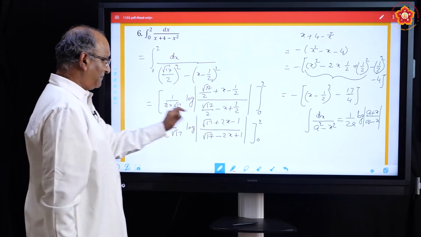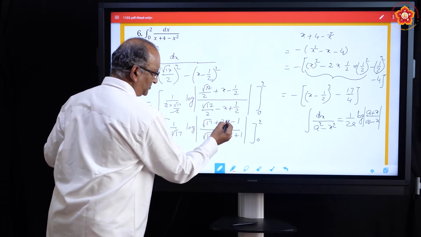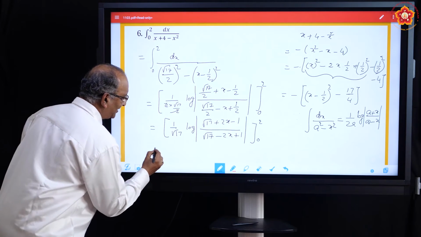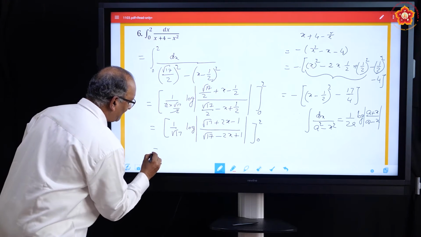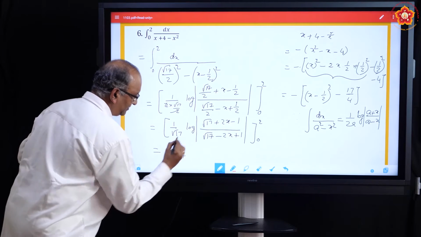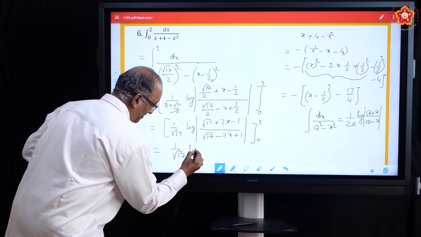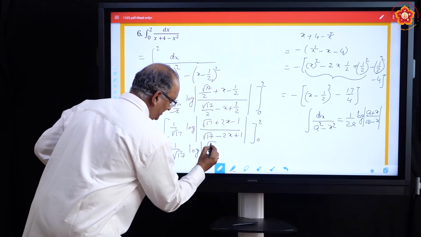So first substitute upper limit. So what it will become? 2 2s are 4 minus 1 is 3. So it is 1 by root 17 log, root 17 will remain root 17.